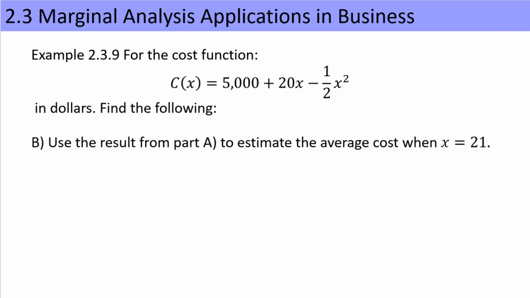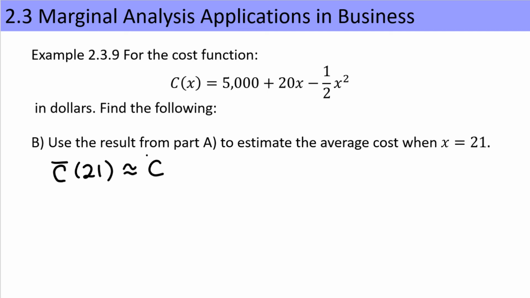Part B. Use the result from Part A to estimate the average cost when x equals 21. So in order to estimate the average cost at 21, we're going to use the approximation.